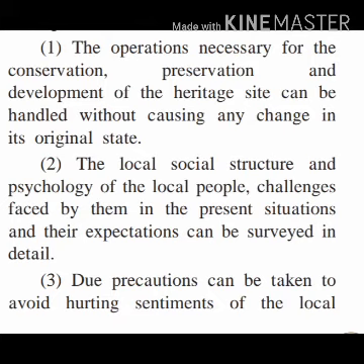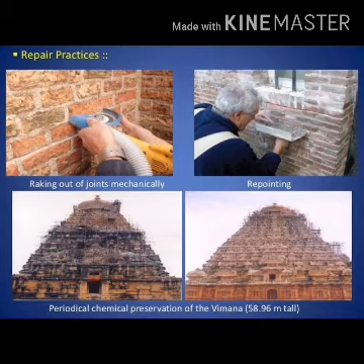Let's see the various principles of applied history that are useful to create awareness among people. The first one is the operations necessary for the conservation, preservation, and development of the heritage site can be handled without causing any change in its original state.